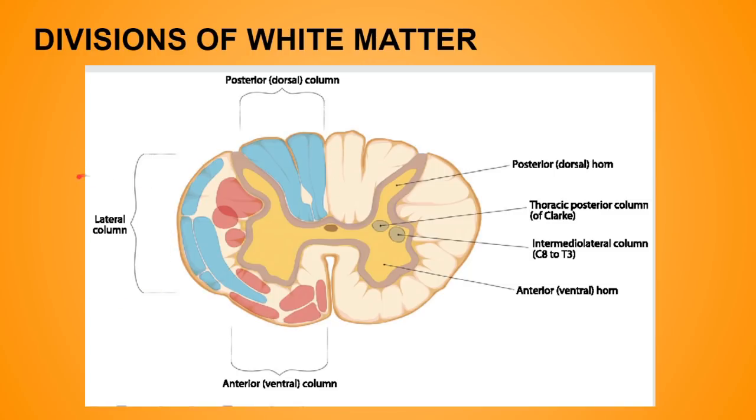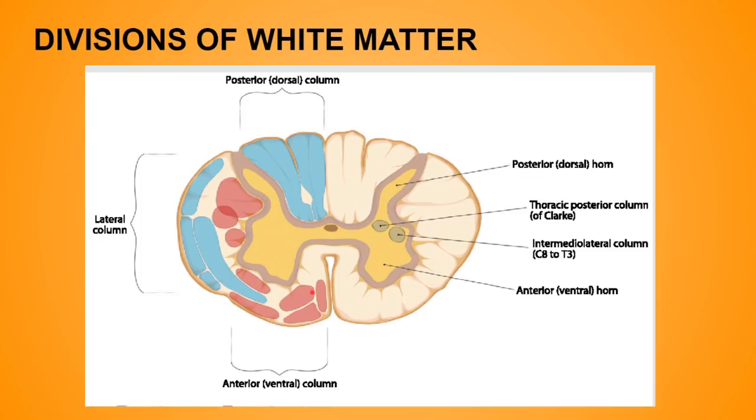The lateral column is present between the anterior and the posterior horns. This is the anterior horn, this is the posterior horn, so present between these two. And the anterior white column is between the anterior median fissure and the anterior horn. So posterior between the septum and the posterior horn, anterior between the fissure and the anterior horn, and lateral between the posterior and the anterior horn.